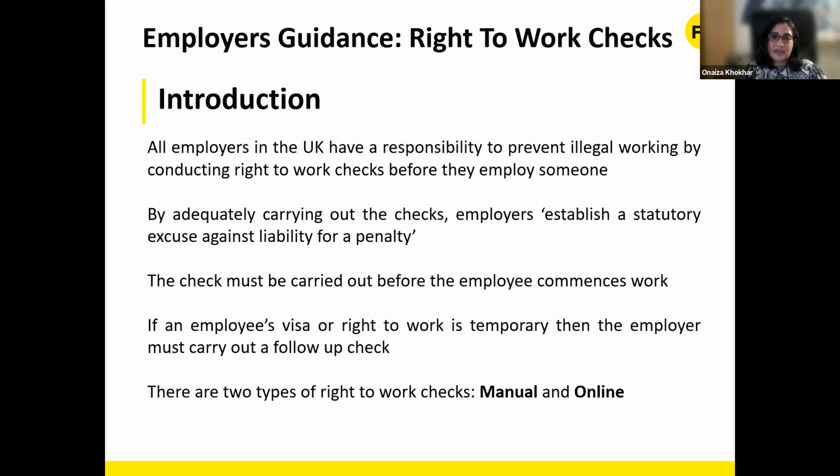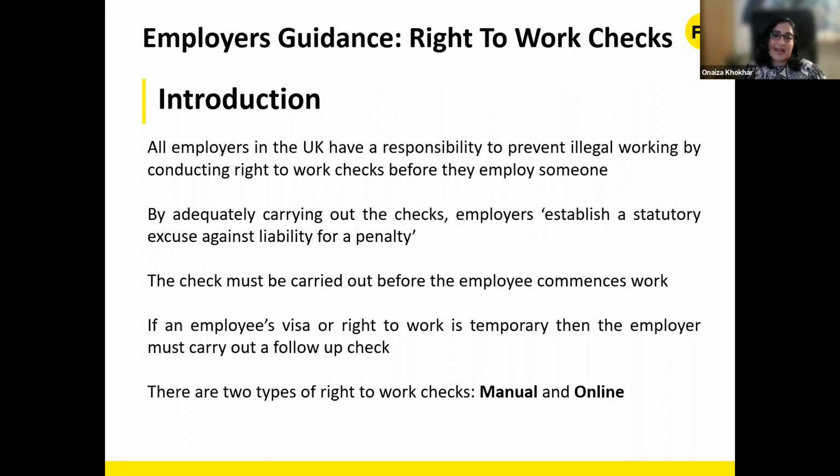If an employee's visa or right to work is temporary, then the employer must carry out a follow-up check before their current visa expires. So, for example, if the individual is British or holds indefinite leave to remain or settled status, there is no requirement to carry out any further checks during the course of their ongoing employment.